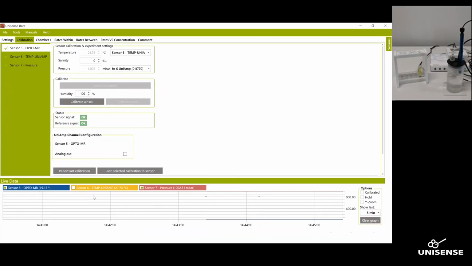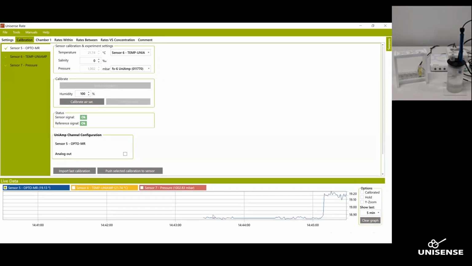Down here, you can see the live signal, and I'll just click off the signal from the temperature and the pressure sensor. You can have a closer look at the signal from the optode here. Remember that the optode's raw signal is in degree because we're looking at a phase shift of the light. But when we have calibrated the sensor, we can get the unit micromole per liter. So now we wait for a stable signal, and we will then press calibrate air saturation.